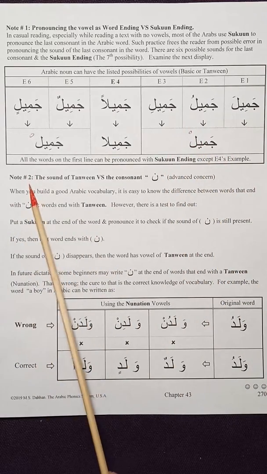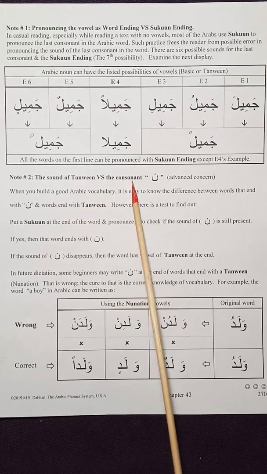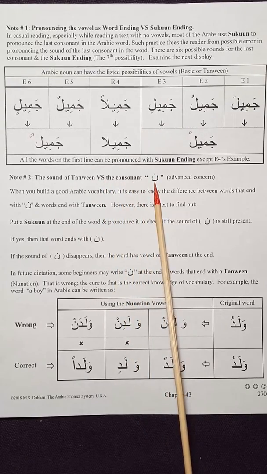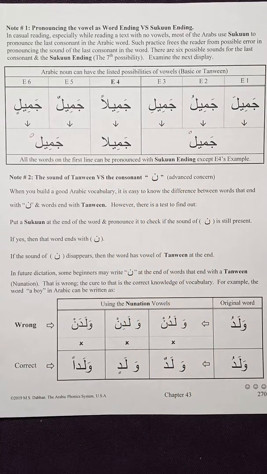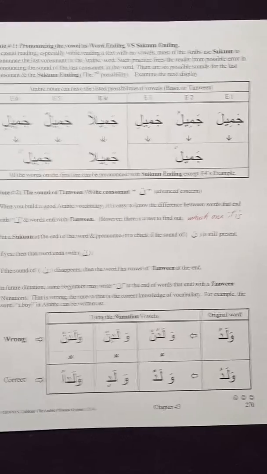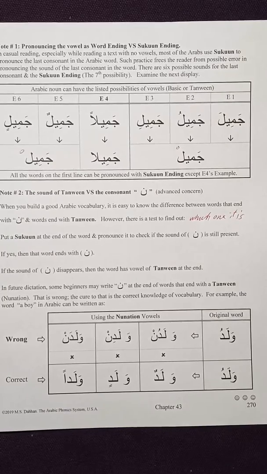That's why there's note number 2, the sound of tanween versus the consonant noon. Advanced concern. What is the concern here?